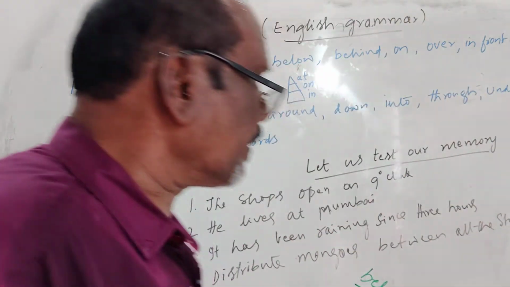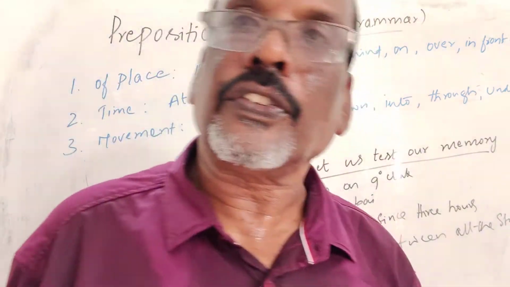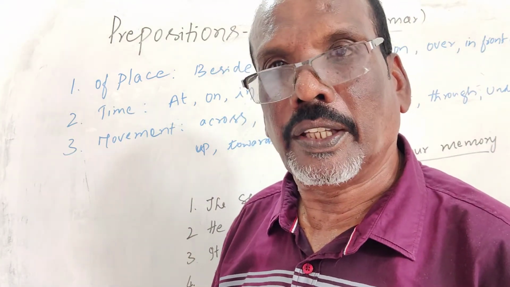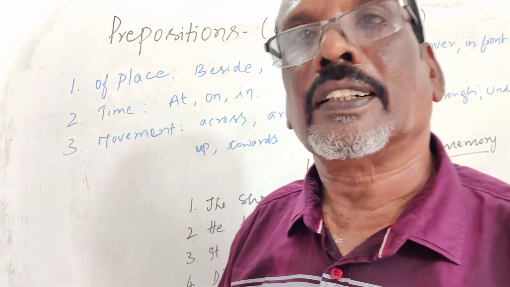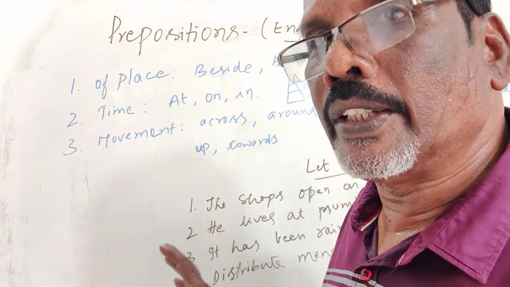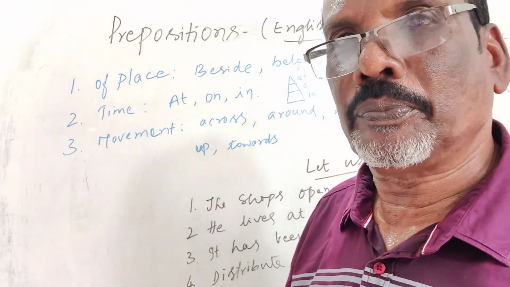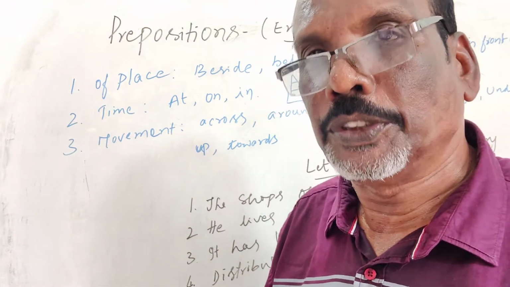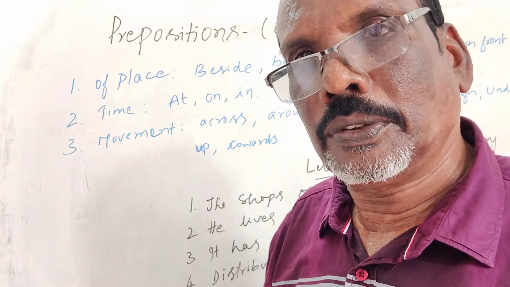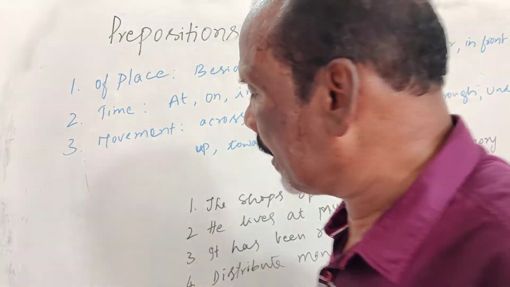Coming to the last part of our class here, there are certain incorrect sentences where certain wrong prepositions are used. Just find out, first of all, trace out the preposition, see whether that preposition is used properly, or else if it is not correct, you replace it with the correct preposition. What you have to do here now.